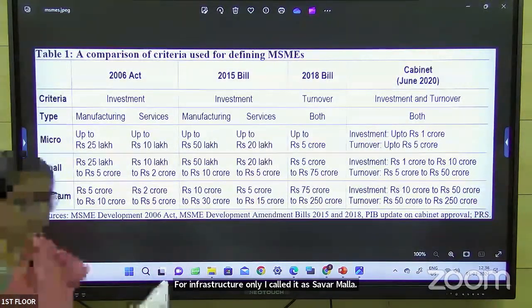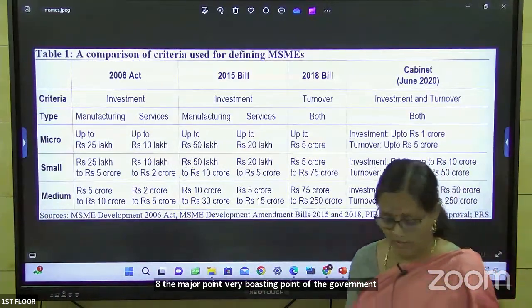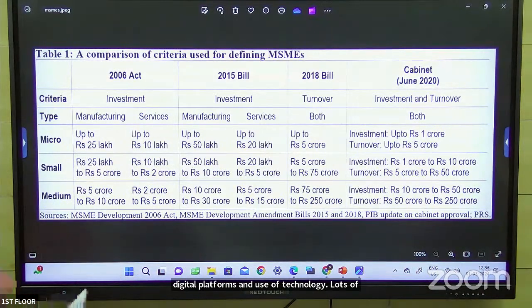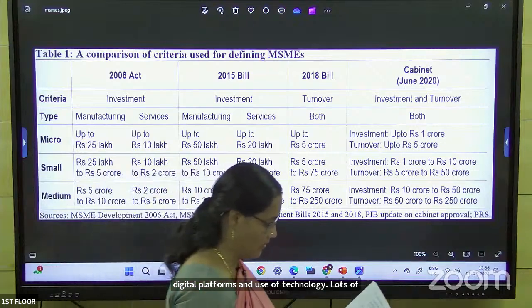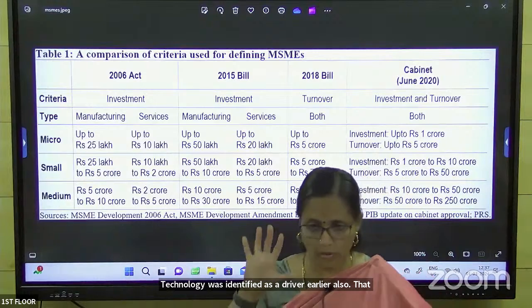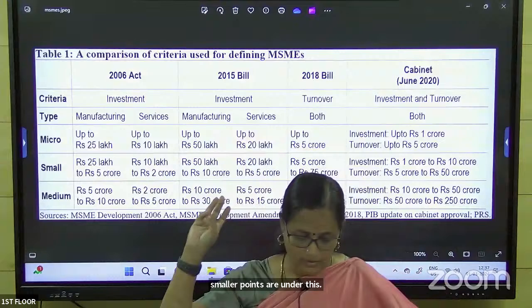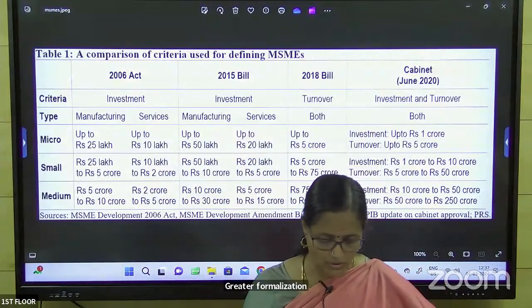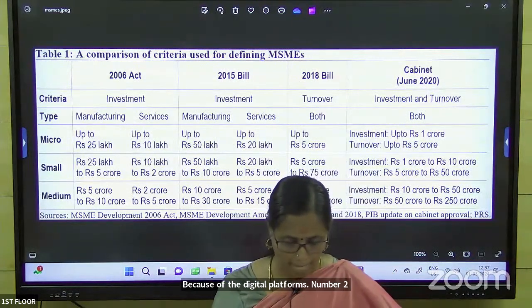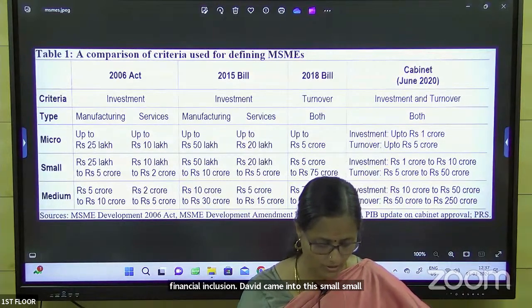Eighth major point, a very boasting point of the government: digital platforms and use of technology. Technology was identified as a driver earlier also. There are benefits out of this, five smaller points under this. Greater formalization because of the digital platforms. Number two, higher financial inclusion. Everybody came into this, small transactions, cashless.